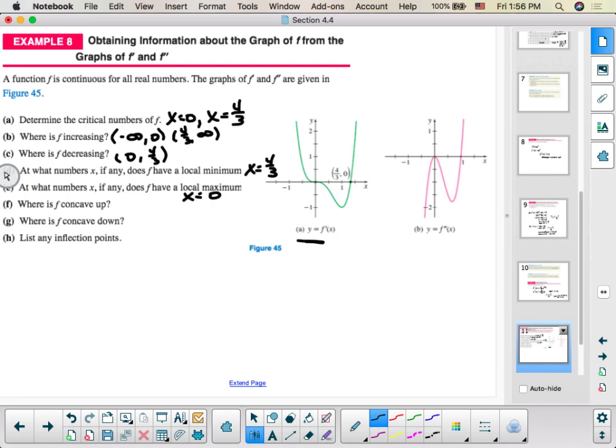For concave up and concave down, we're going to look at the second derivative where it's undefined, or where it's positive for concave up, and that happens from 1 to infinity, and where it's negative for concave down, and that happens from negative infinity to 0, and then also from 0 to 1. Inflection points only happen where you have a sign change, so there's no inflection point at 0, but there is an inflection point at x equals 1.